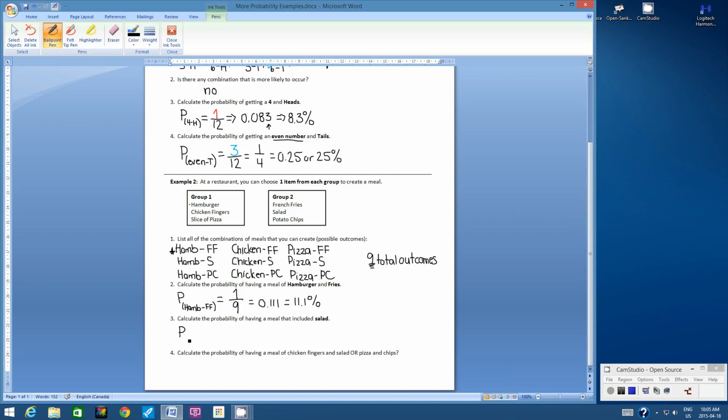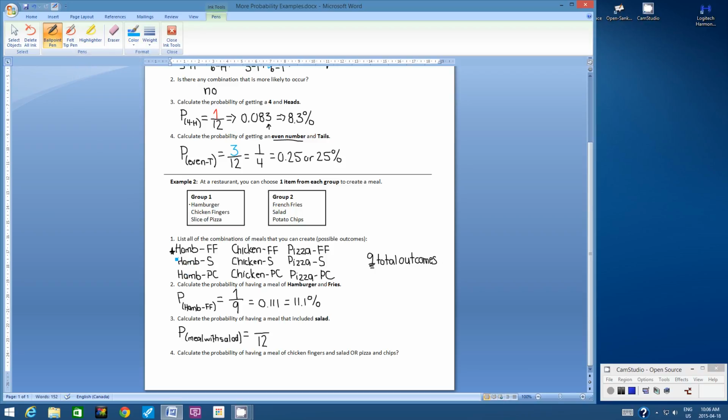Okay. So, number 3, calculate the probability of having a meal that included salad. So, probability of a meal with salad. Okay, so we know that the denominator is 12. And then I'm going to use a different color here.